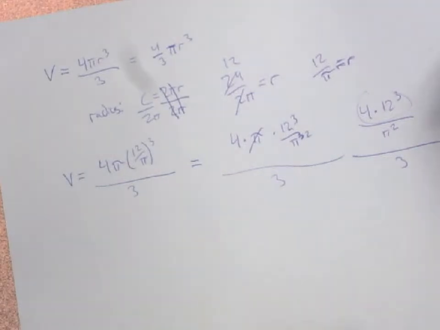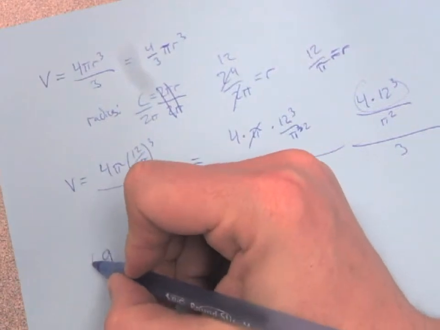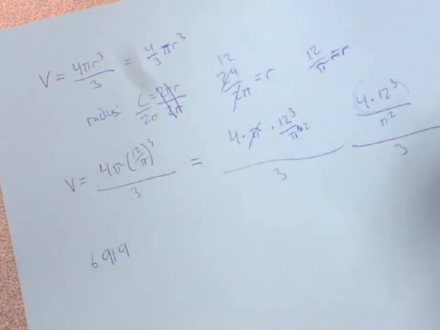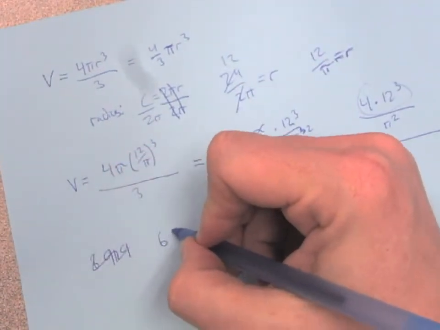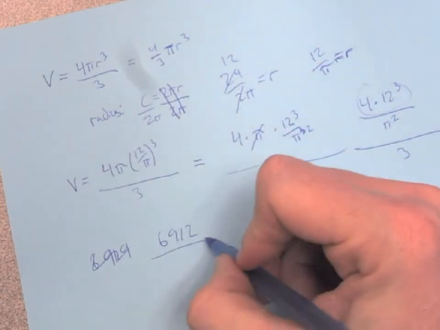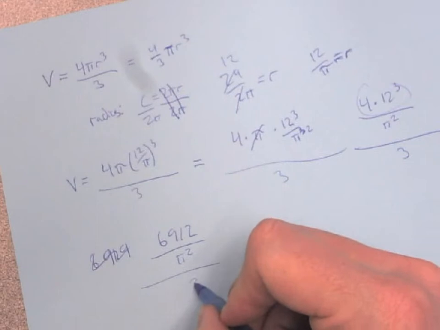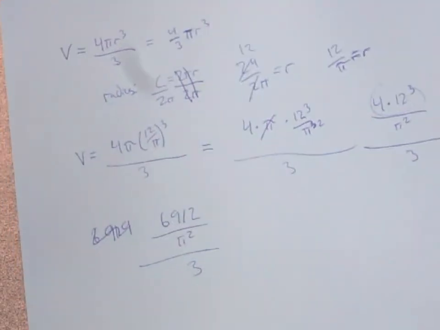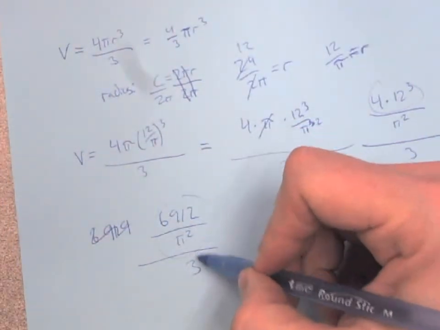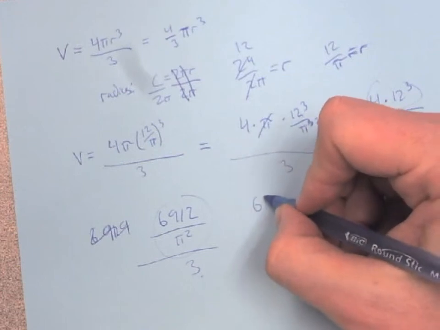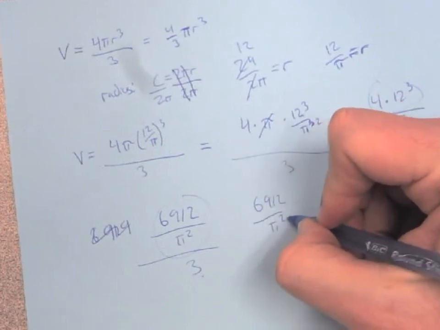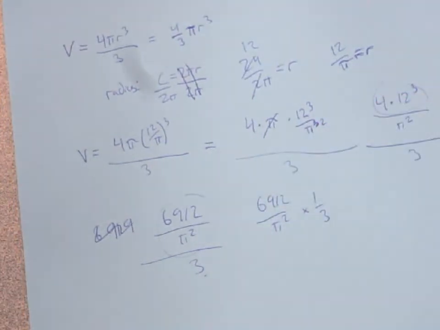So that is 6,912 over pi squared over 3. If I want to simplify that, when I take a fraction and divide it by 3, that's the same thing as multiplying it by the reciprocal.